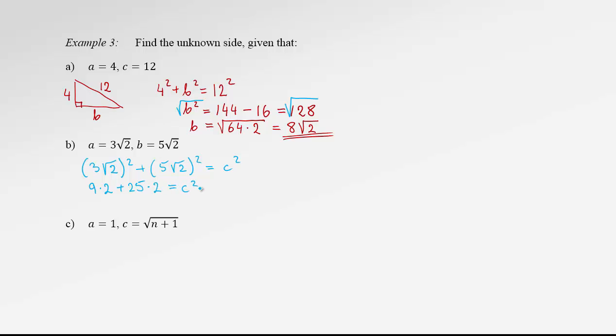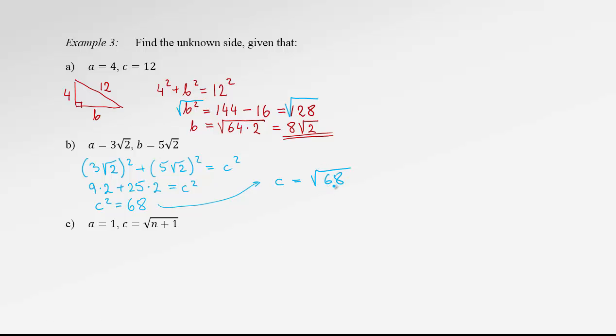Okay, that's C squared, and I want to start with C squared first, equals 25 times 2 is 50, and here we have 18, so 50 and 18 is 68. Therefore, our C by itself is the square root of 68.